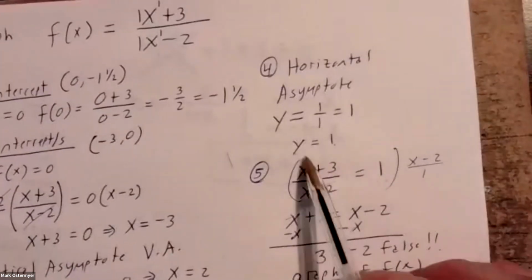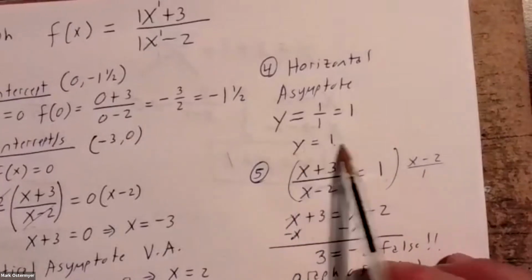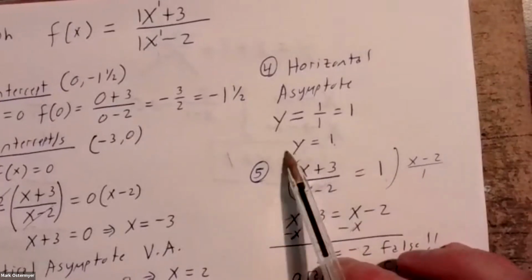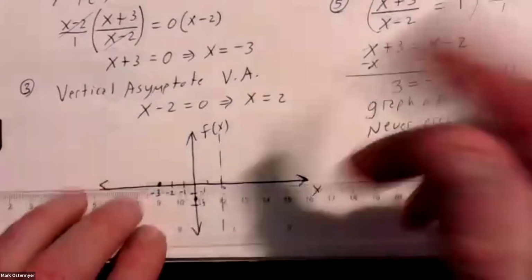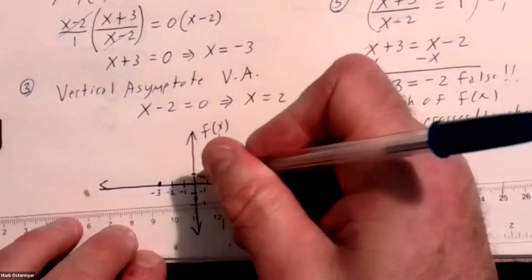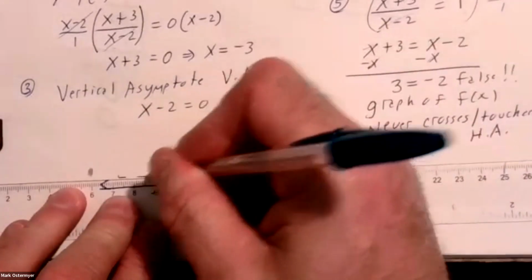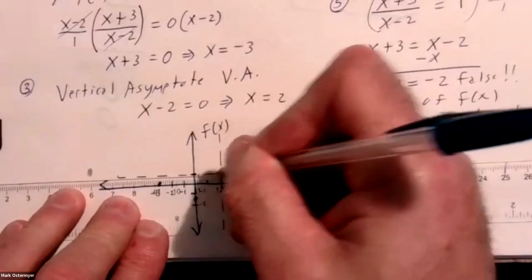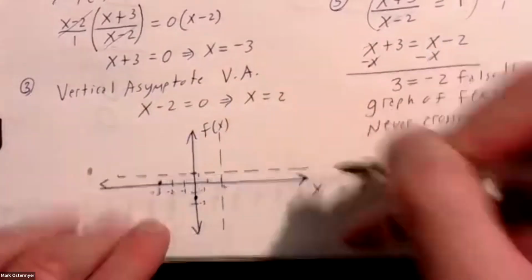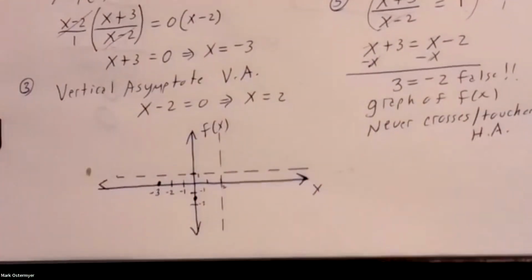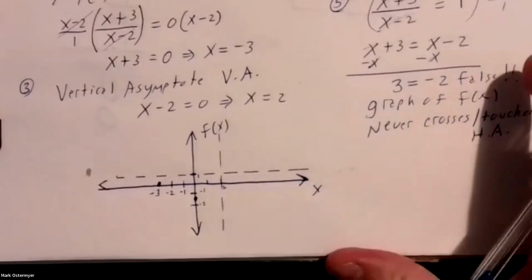Yes, I have a horizontal asymptote at y equals 1. Make sure we plot this as a horizontal dashed line. So we put a horizontal dashed line right through the y-axis at 1. That's your horizontal asymptote.